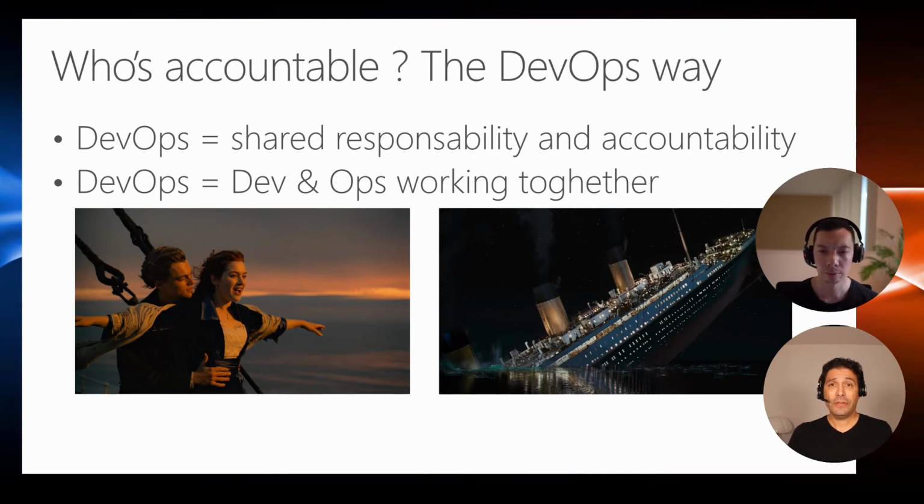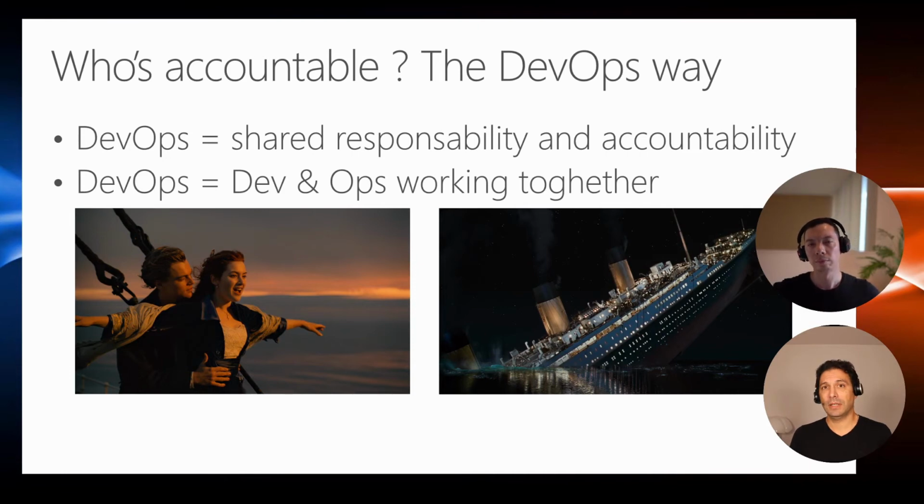In the DevOps way, that is a new way, probably a better way for cloud native applications, we have shared responsibilities and accountabilities in teams composed of people that are dev and ops. DevOps is a contraction of developers and operations working together. So everybody is in the same boat.